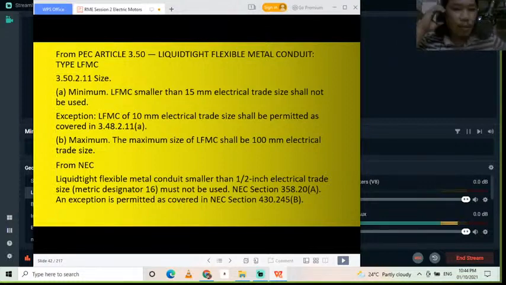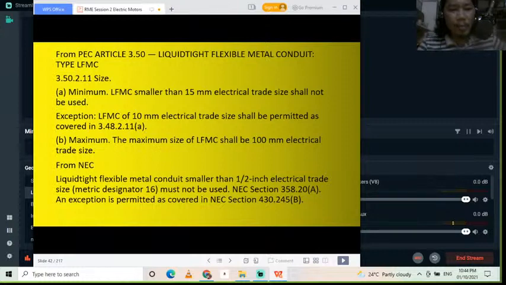So, ito yung exemption na sinasabi natin kanina. Exception: 10 mm electrical trade size shall be permitted as covered in 3.48.2.11a. And letter B, the maximum size of LFMC shall be 100 mm electrical trade size.